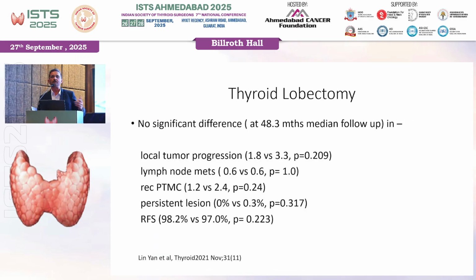Now how to compare? We have 2 standard modalities of treatment, so why should we go for a third one? If we compare with thyroid lobectomy, at the end of more than 4 years there was no significant difference in tumor control, LNM, local recurrence, persistence of disease, or relapse-free survival between the 2 modalities.